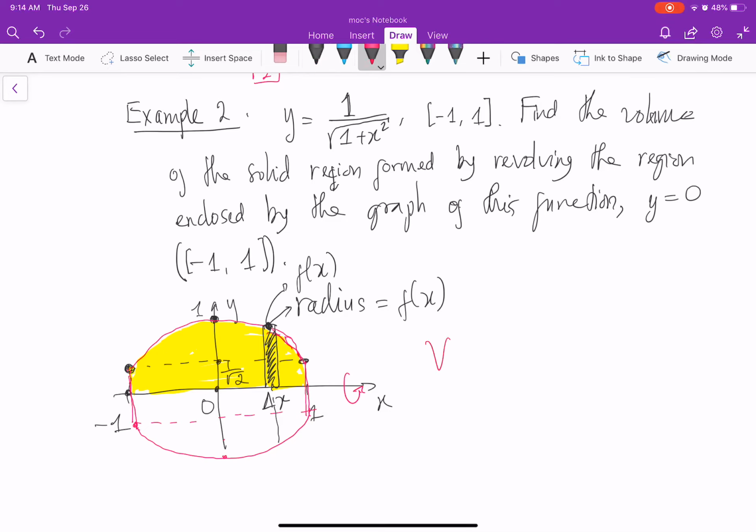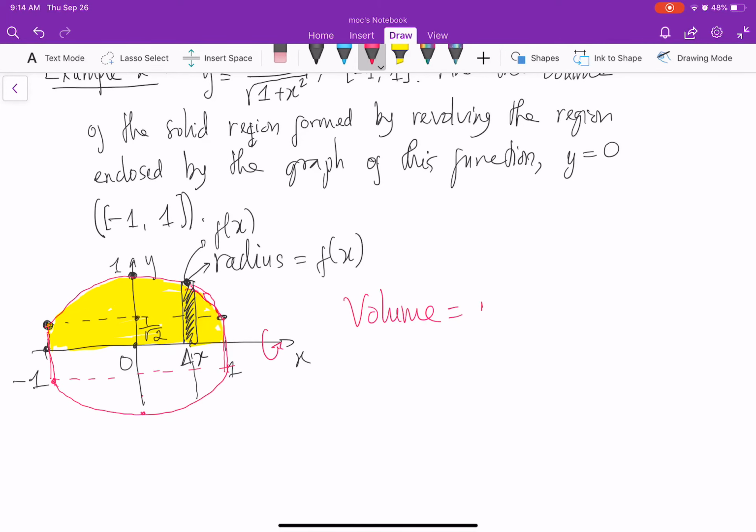The volume is equal to pi integral from -1 to 1 of f of x squared dx. We have to be careful in this situation, because from the previous example, we have f of x squared in here, right? But in general, that is the radius squared.